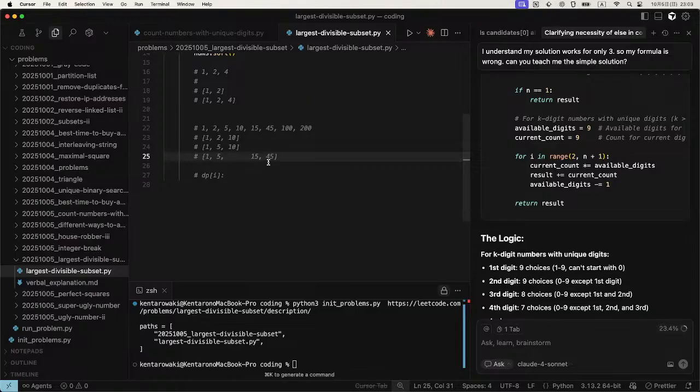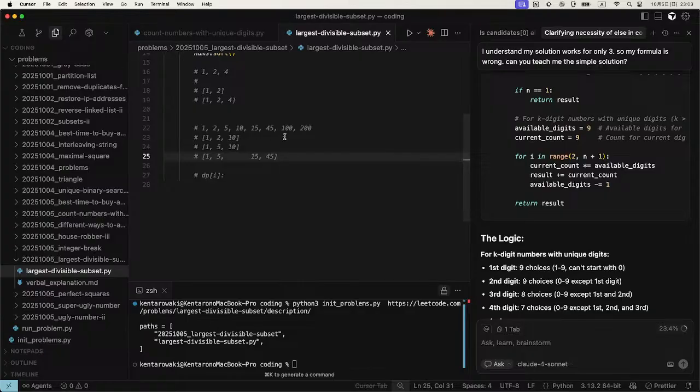This array is updated like this at this point, but it's finished because the last element is 10.